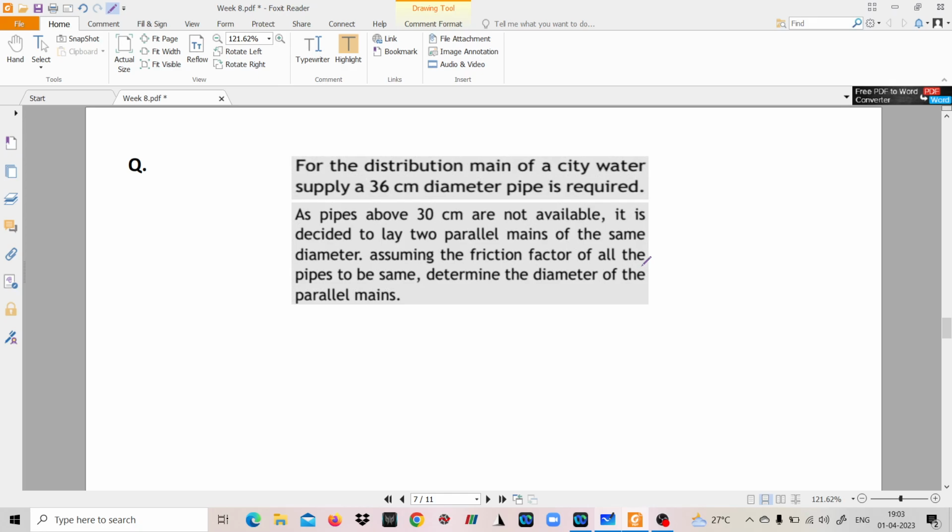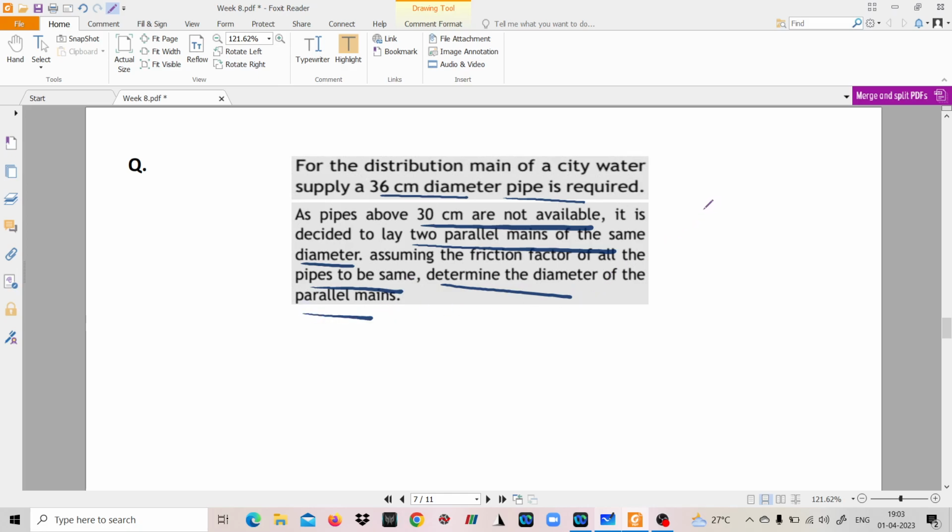For the distribution main of a city water supply, a 36 centimeter diameter pipe is required. As pipes above 30 centimeter are not available, it is decided to lay two parallel mains of the same diameter. Assuming the friction factor of all the pipes to be the same, determine the diameter of the parallel main.